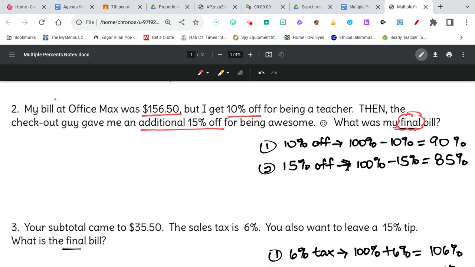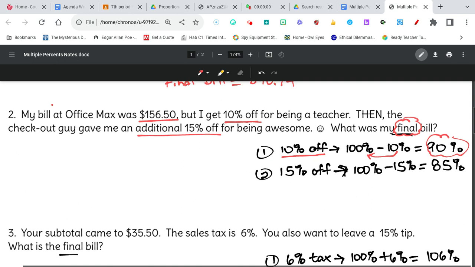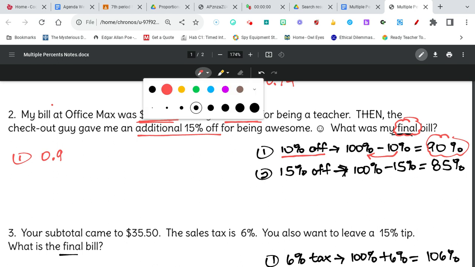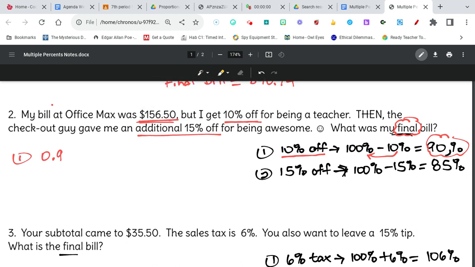So for instance, number 1, I'm just getting 10% off. Okay, there's my 10% off. Well, 10% off of 100, which means I have to pay 90%. So the first thing I have to do is pay 90% of this bill. 90% of this bill is 0.90 or 0.9, because all you have to do is slide this 2 places to the left. 1, 2. I'm just going to drop that 0 and put 0.9, instead of 0.90.